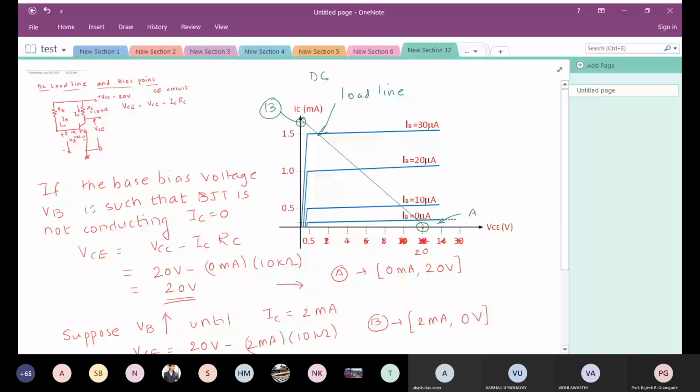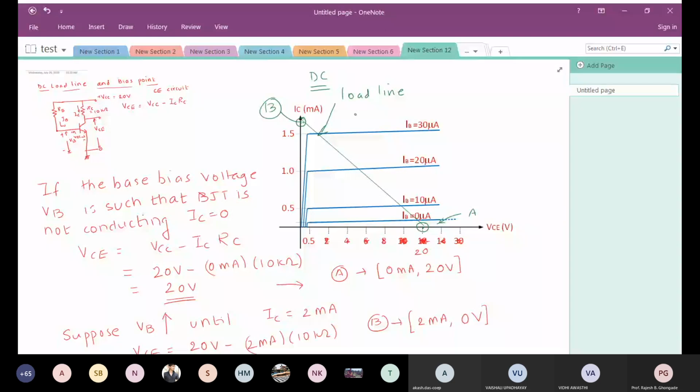Are you getting this one? I have shown you a way in which to construct the load line.